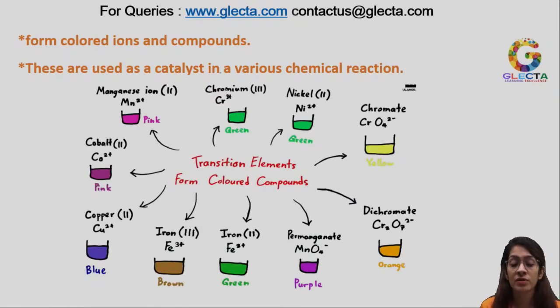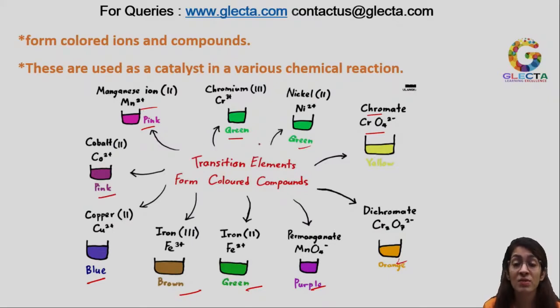You see, these are transition elements, and each of the transition elements forms a different colored compound due to their variable oxidation state. So manganese shows a pink color, chromium 3+ has a green color, whereas chromium 6+, that is the chromate ion, has a yellow color, nickel is green, dichromate is orange, permanganate, that is manganese, is purple, iron 2+ shows a green color, whereas iron 3+ will give you a brown color, copper ion Cu2+ would give a blue colored compound, and cobalt Co2+ would give a pink colored compound.